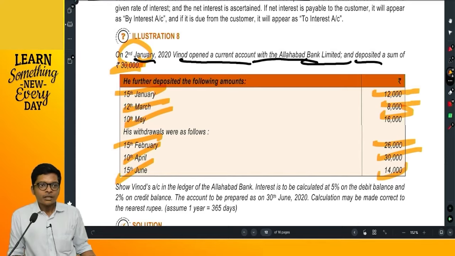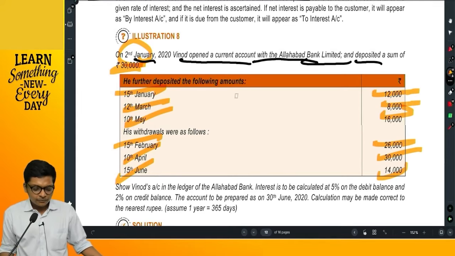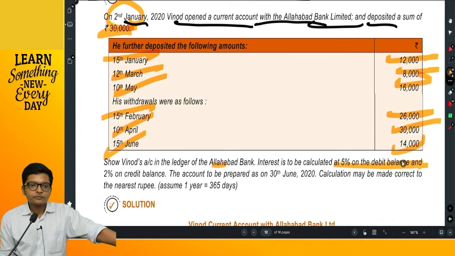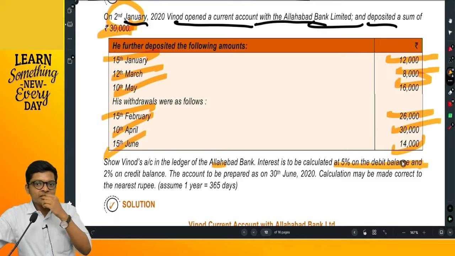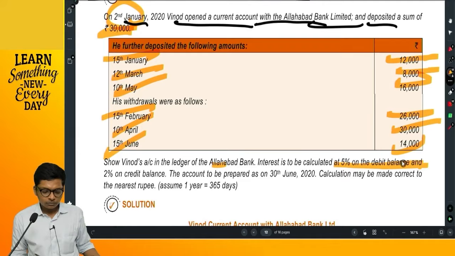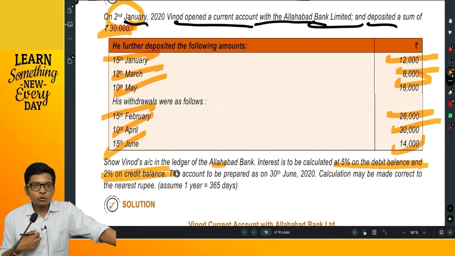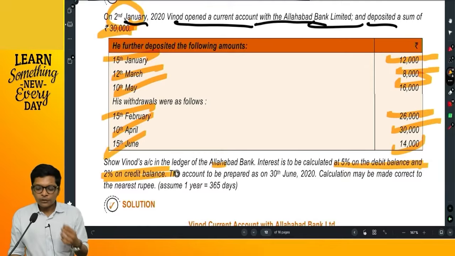He has given the details with the bank, and we know the account is in Allahabad Bank. Interest is to be calculated 5% on withdrawals, and 2% on credit balance, that means 2% on deposit. Of course deposit interest is low, loan interest only is high. Are you following, guys? And he is saying prepare the account as of 30th June.